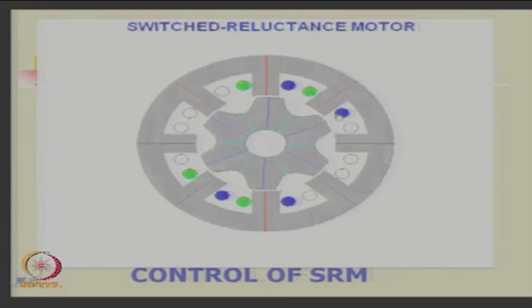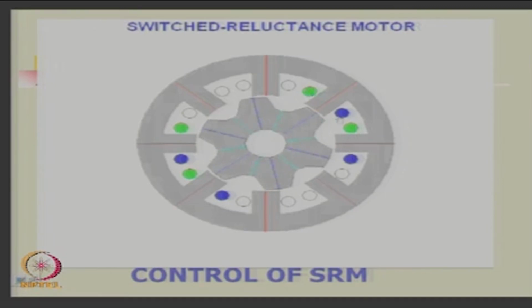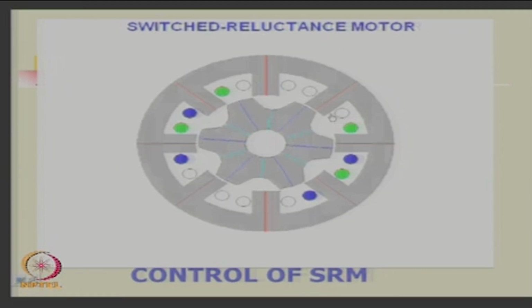Now, this winding is energized because it has to push it further. There could be overlaps. Once it aligns, then that winding should not be energized when it is aligned. Wait. Then this one is getting energized.